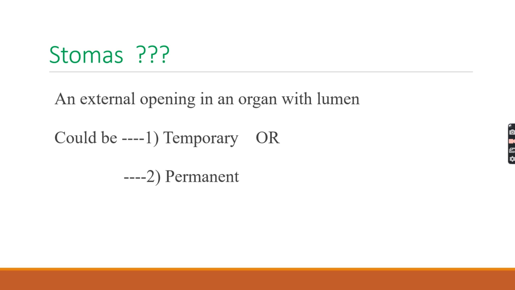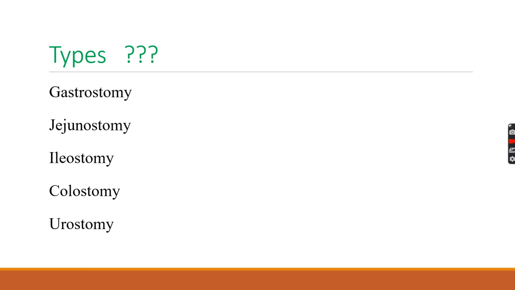These stomas could be temporary or permanent. Temporary stomas means we have made an opening for, let's say, 6 weeks or 3 months, sometimes for longer duration, depending on the disease process or natural history of the disease.